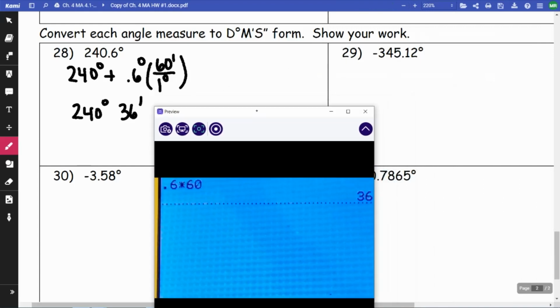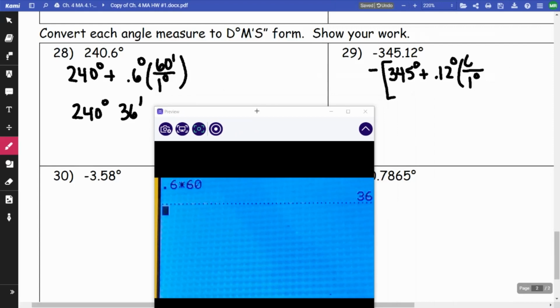Okay, on the next one, again, put that negative out front. So I'm going to have 340 degrees plus I'm going to have 0.2 degrees, which I'm going to change first to minutes. So again, I'm going to have 1 degree on bottom, 60 minutes on top.